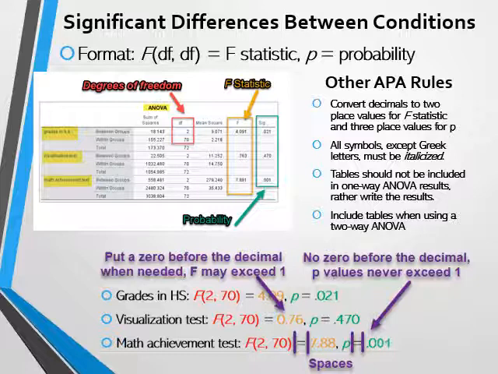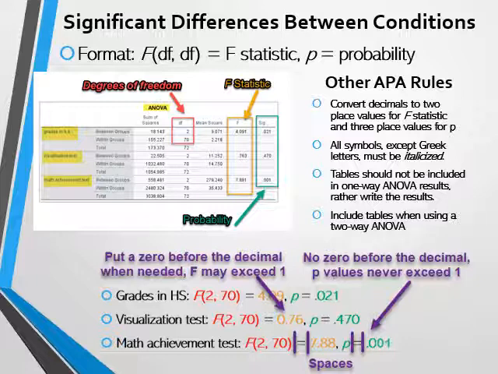An example is included below for grades in high school. You just input your degrees of freedom between the parentheses, then you input your F statistic, which is in yellow, and then your significance or your p-value, which is in green.